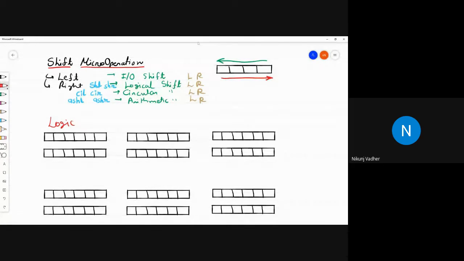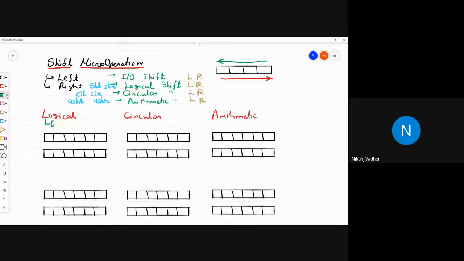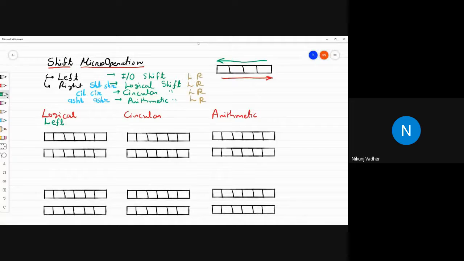Let me put logical, circular, arithmetic, each with left and right.